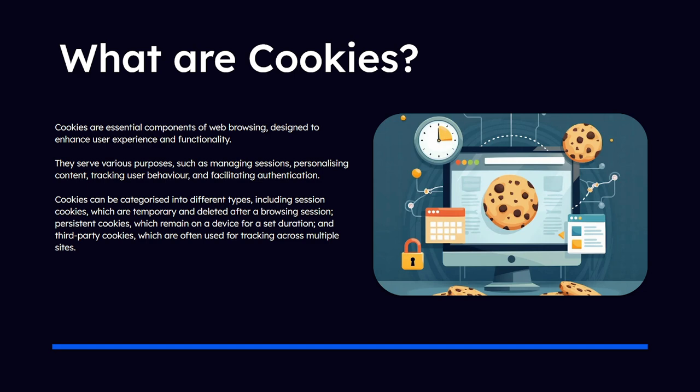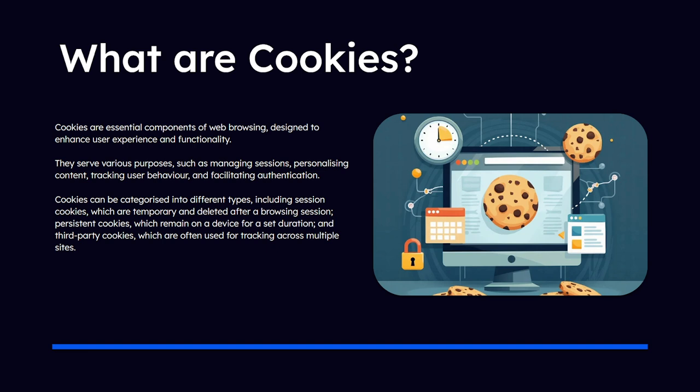Cookies can be categorized into different types, including session cookies, which are temporary and deleted after a browsing session. Then you also have persistent cookies, which remain on a device for a set duration, and third-party cookies, which are often used for tracking across multiple sites.